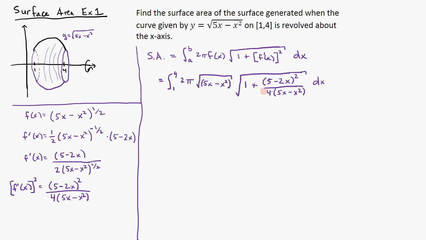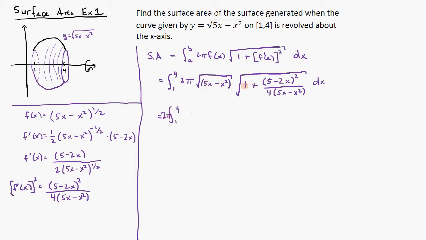Okay, so this expression is fairly complicated, so let's try to simplify it before computing the integral. Because both these things are under a square root, I can combine them into a single square root and multiply this expression through to these two terms here. Actually, I can pull out the 2 pi.